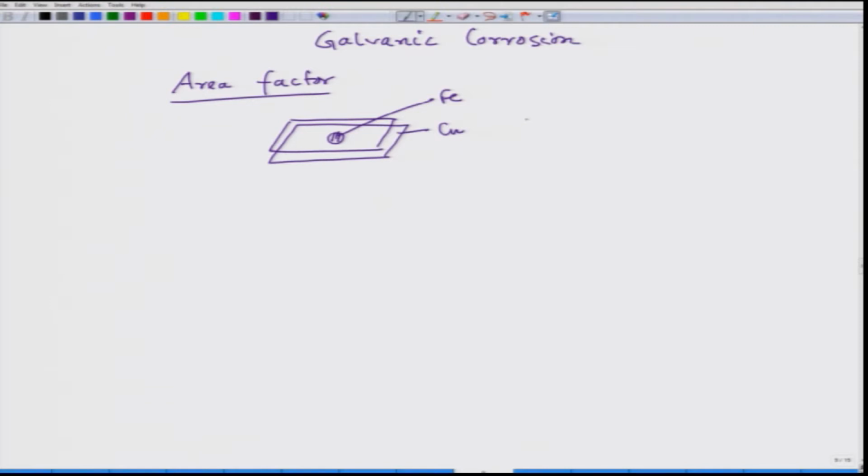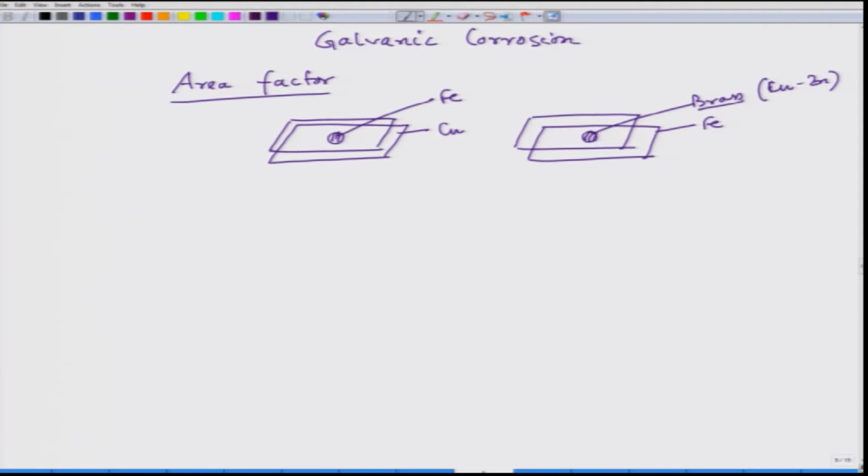And in the other, let us say these are iron plates which are riveted by brass, and brass is nothing but a copper-zinc alloy, where copper is predominantly high.